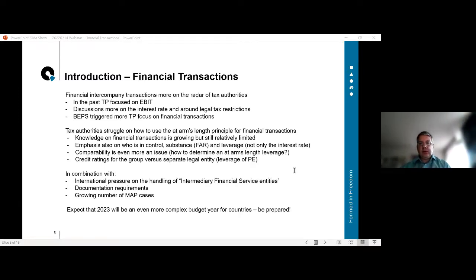The tendency, not only in the Netherlands but worldwide, is that entities involved in financial transactions should be able to exercise control over the risks that are allocated to the entity, and they also should have sufficient financial capacity to bear the risks that are allocated to an entity.